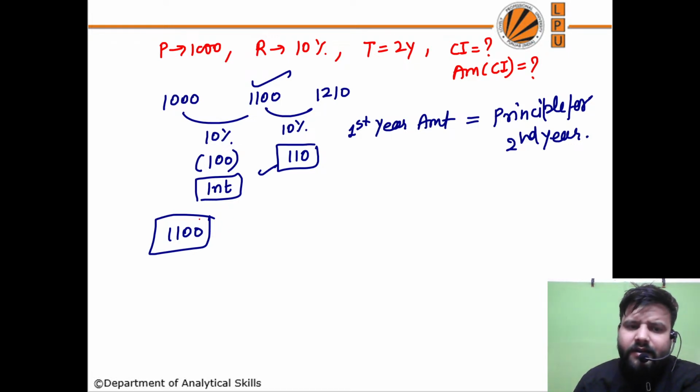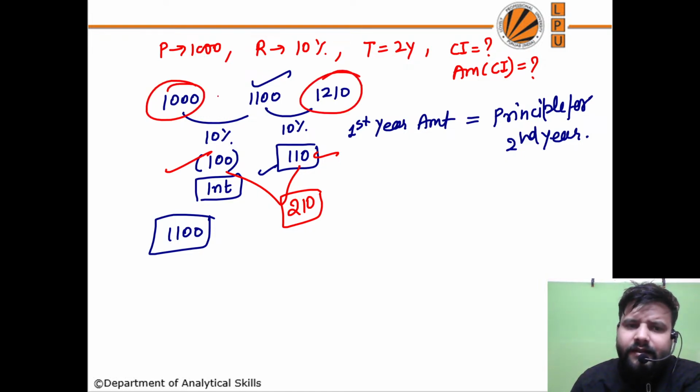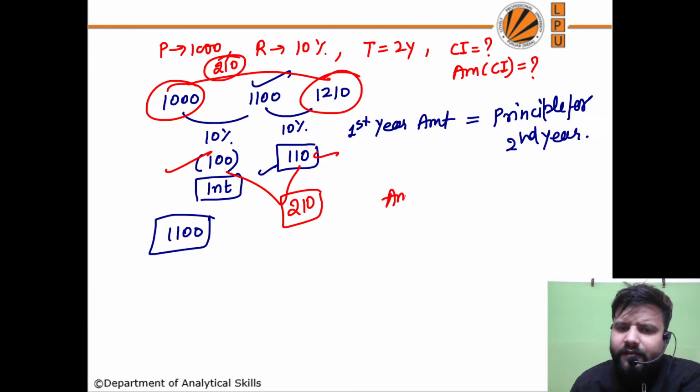So total interest you got is 100 rupees in the first year, 110 in the second year. So you can take 210 as the complete compound interest, or you can get it from here also, that the difference between principal and amount will give you interest, which is 210, and the amount after 2 years in compound interest is 1210.